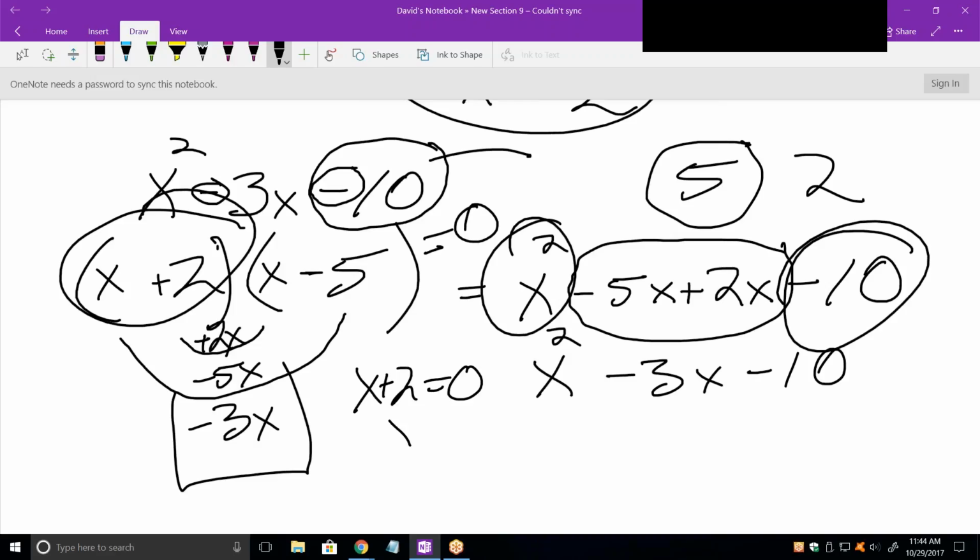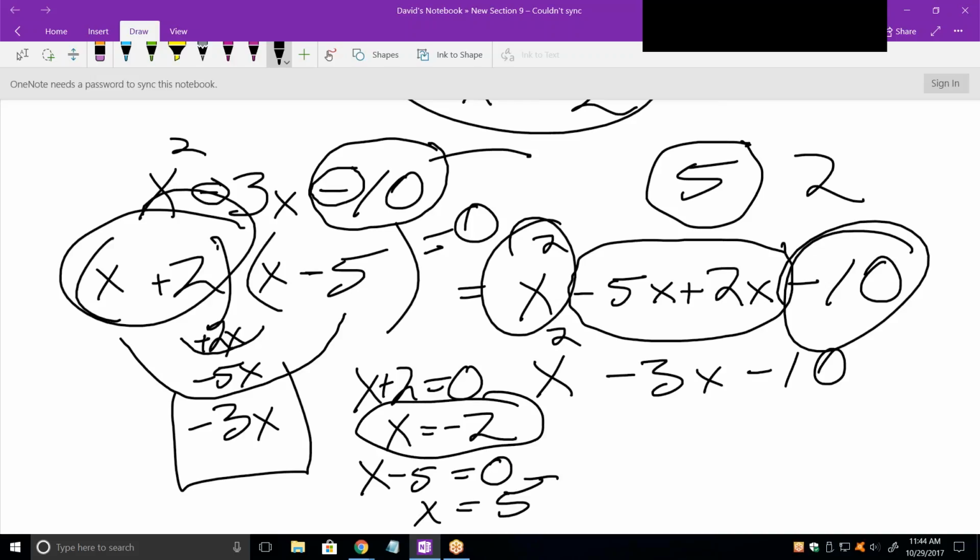Solve that, you get an answer of minus 2. That's one answer. The other one sets to 0. Solve that, you get an answer of 5. So our two answers are x equals minus 2 and x equals 5. Okay. That makes sense.